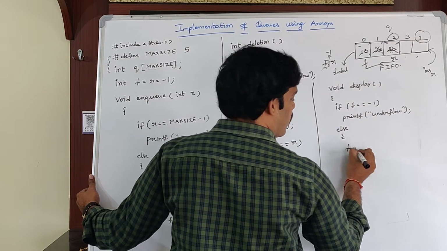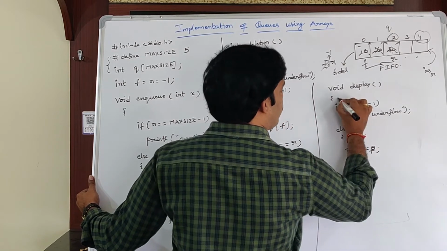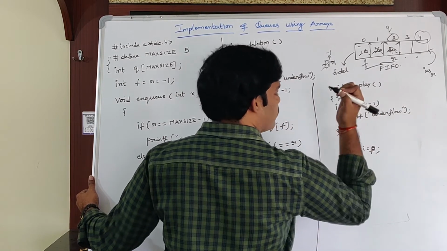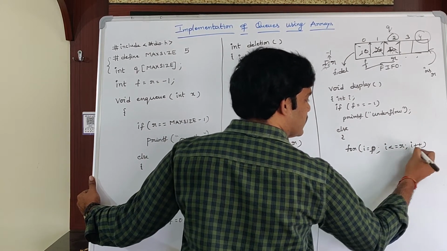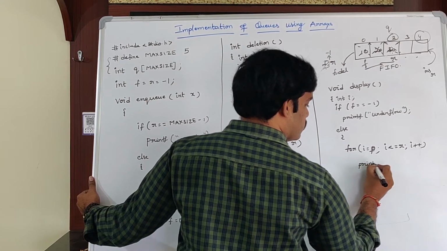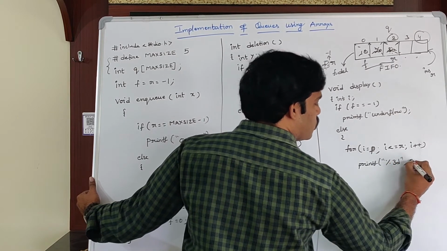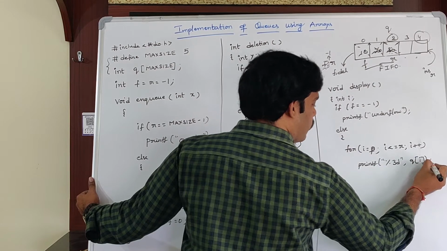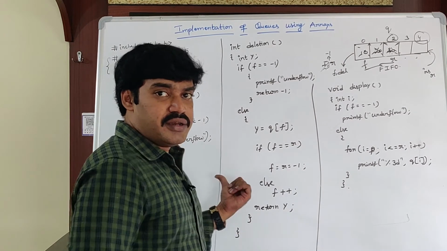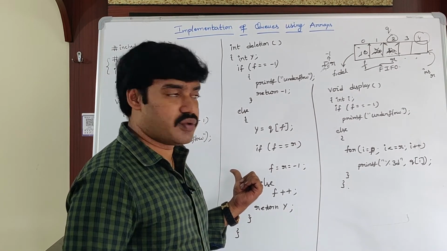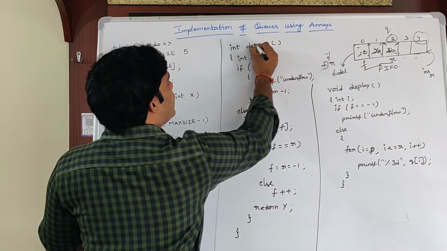So for that loop, declare one local variable int I. For I is equal to F, I is less than or equal to R, I plus plus, printf percentage 3d, 2d choice is over, some space, Q of I. Closing of else block, closing of display function. So the NQ function definition is over, as well as deletion, which is also known as DQ function. The choice is yours, either DQ or deletion.